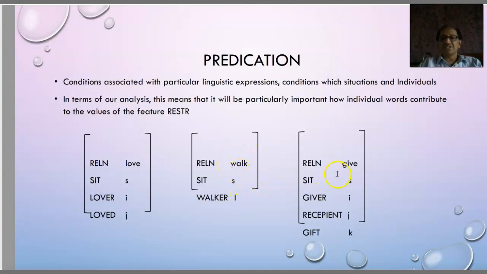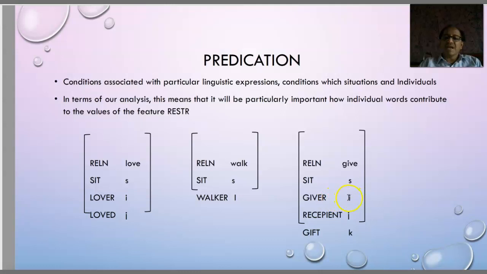Right? That's a relation. Similarly, if you consider a ditransitive verb, give, the relation is give. The give relation has three individuals: a giver, a recipient, and a gift. The situation created is S, in which you have I, the giver.